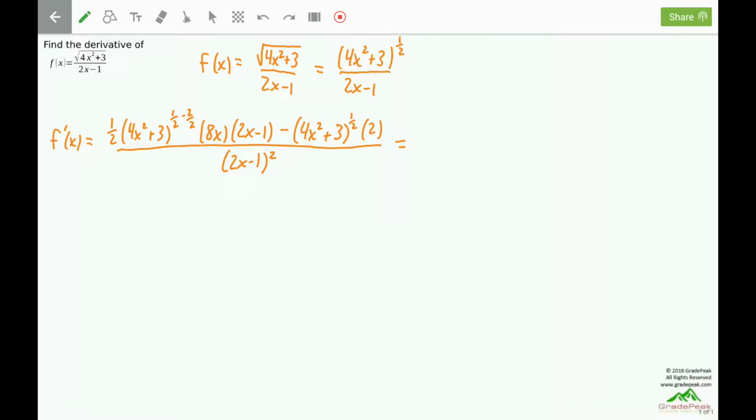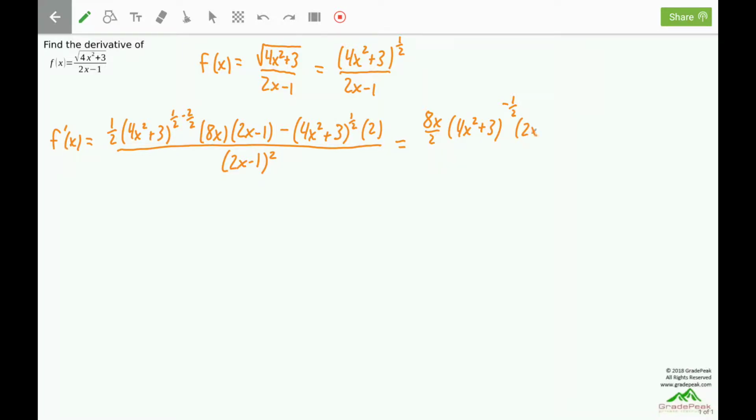Now in the numerator, I'm going to move this 8x out here with this 1/2. It will multiply with it, so it'll be 8x over 2. That 8x is in the numerator. We have a 4x squared plus 3 to the 1 minus 2, negative 1/2.